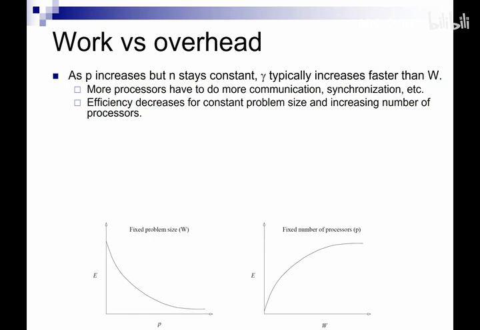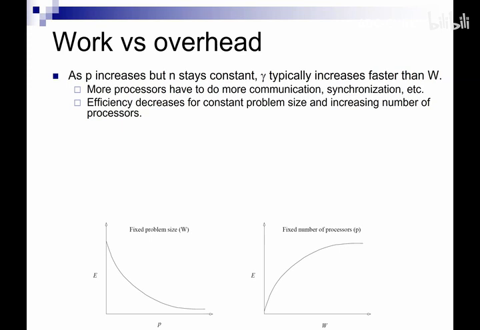Now first of all, suppose you have a problem and you increase the number of processors, but you keep the problem size the same. Then usually the overhead that you pay is going to increase faster than the work that you're doing. In fact, the work you're doing is going to stay the same if n stays constant, but as you increase the number of processors, you're going to increase the overhead, because, for example, you might have to do more communication or synchronization between the processors.